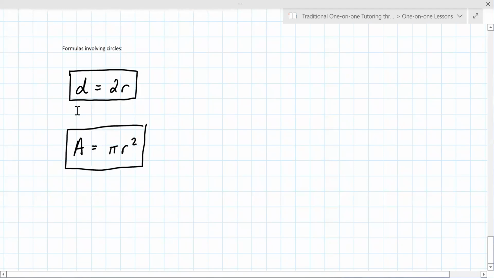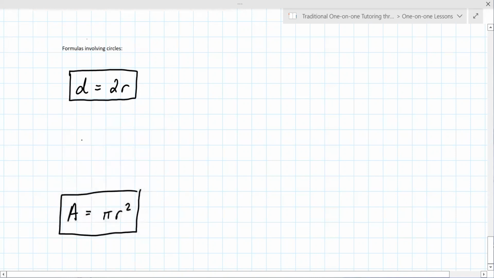But there's one we want to do before that, which is the circumference. There are actually two formulas, pi times diameter and 2 pi r. You want to get all three of these formulas down, and we'll do a couple of problems with them.